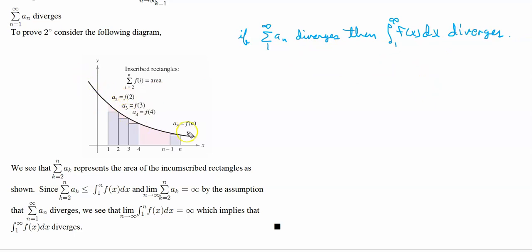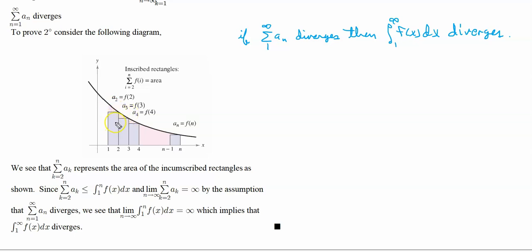Now, same diagram, but now we're going to draw our rectangles so they're inscribed under the graph instead of over top of the graph. This is a pretty neat trick. Look at this first rectangle. Before, we drew it over top of the graph. Well, now we're going to draw them underneath it.